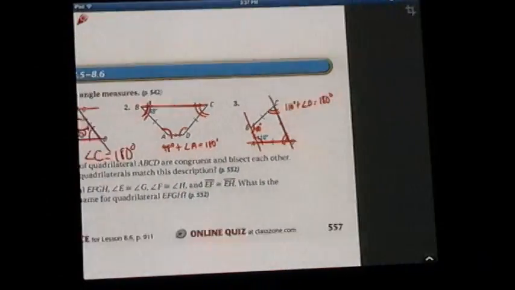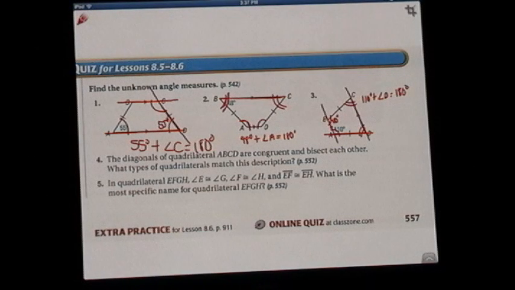Okay. Now it says the diagonals of quadrilateral ABCD are congruent and bisect each other. What types of quadrilaterals match this description? Now if you're using your flashcards, this will probably be easier for you. We have to think of all of the quadrilaterals where the diagonals would be congruent and bisect each other.